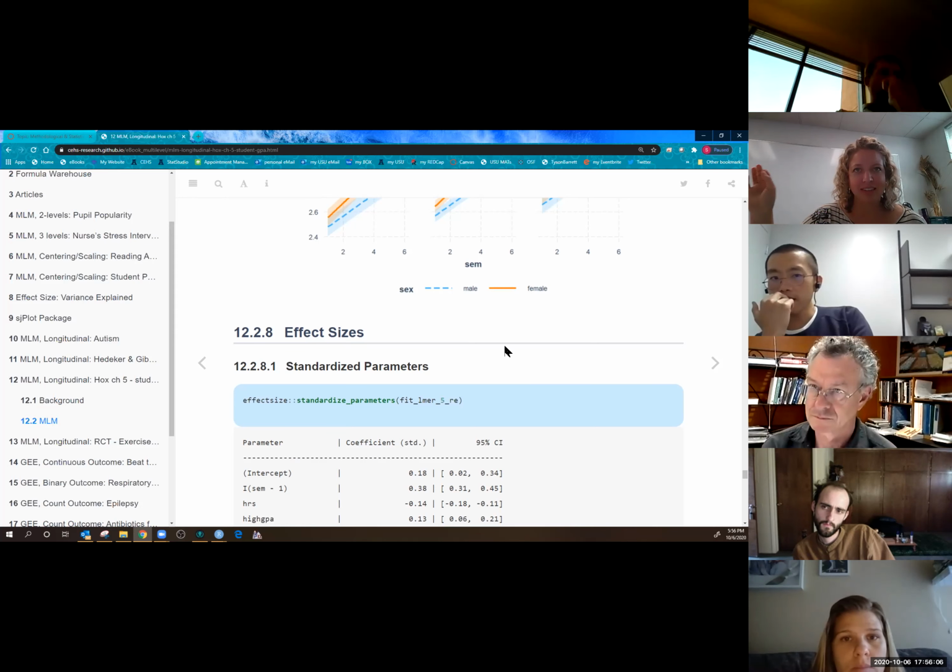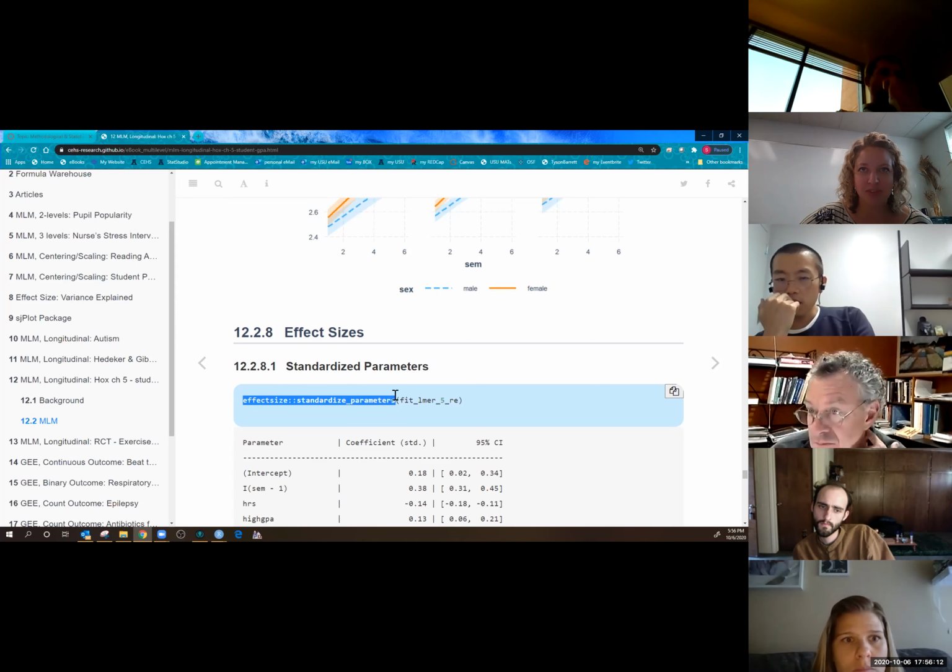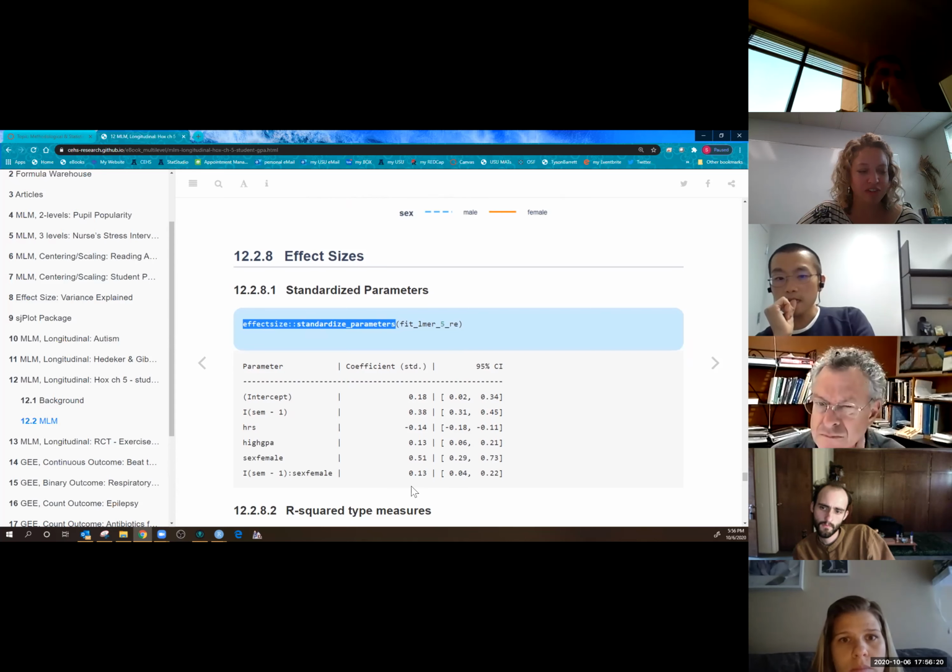Another effect size is standardized parameters. I came across in the effectsize package, this is new to me, a command called standardize_parameters. You just give it the name of your model and it plops out the standardized coefficients.